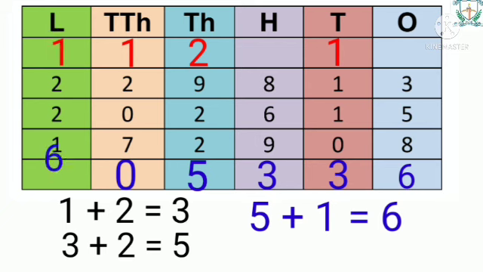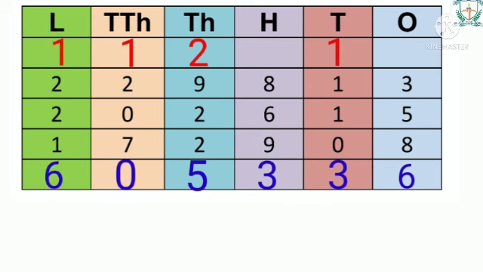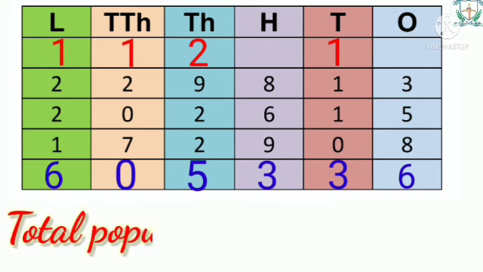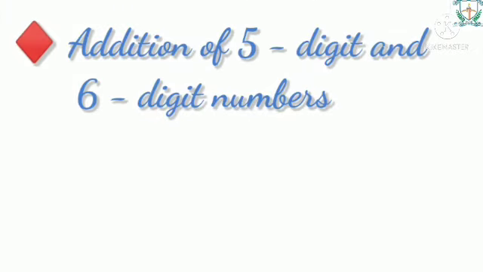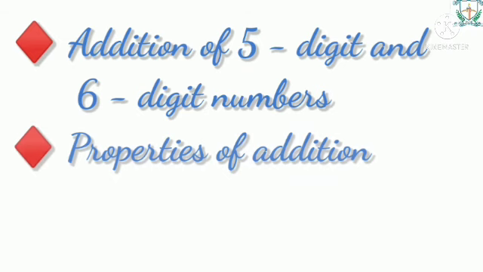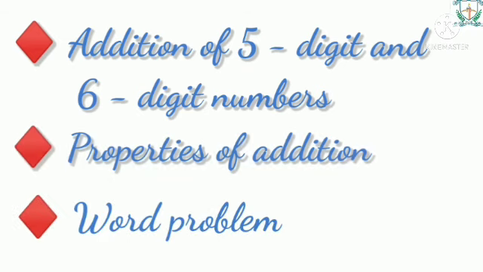Write 6 in lakhs place. Therefore, the total population of the town is equal to 6,05,336. In today's video, we have revised addition of 5-digit and 6-digit numbers, properties of addition and word problem.